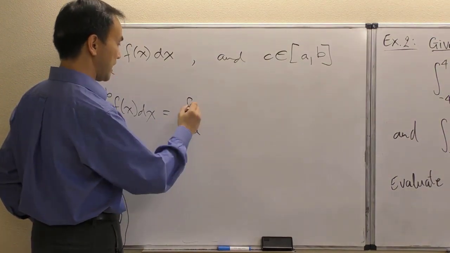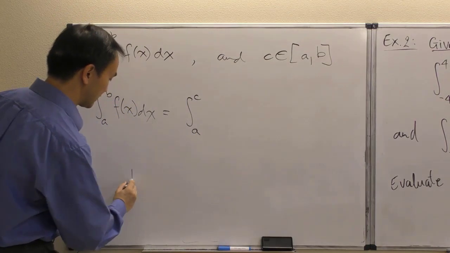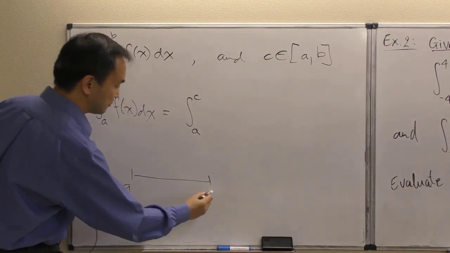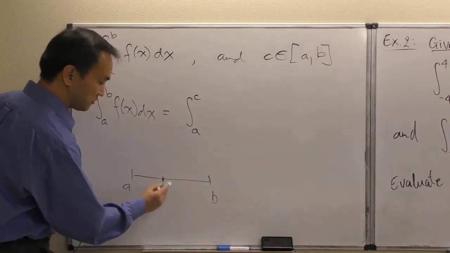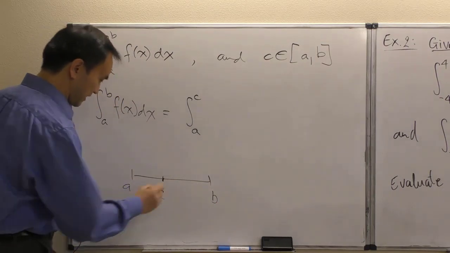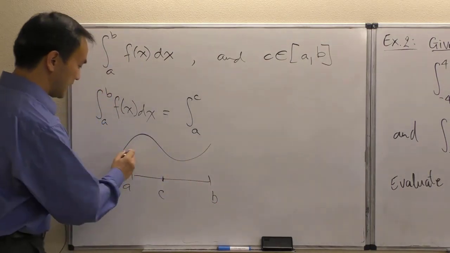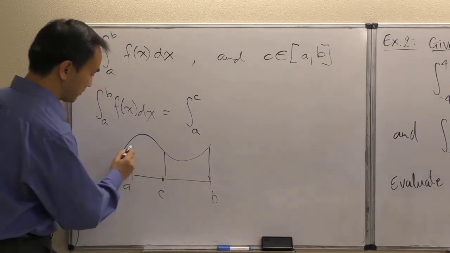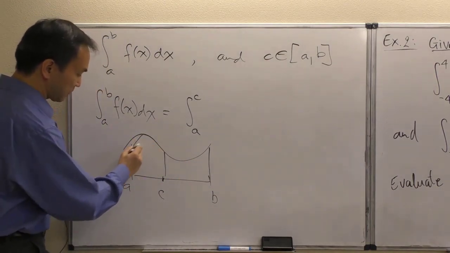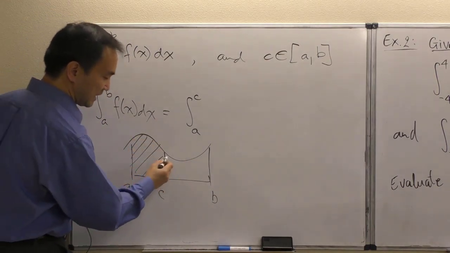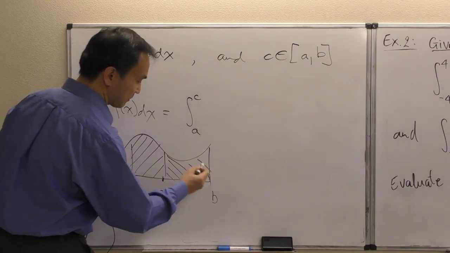Imagine that a to b is an interval, so c is somewhere in between a and b like that. One is from a to c, and the other one is an accumulation from c to b.